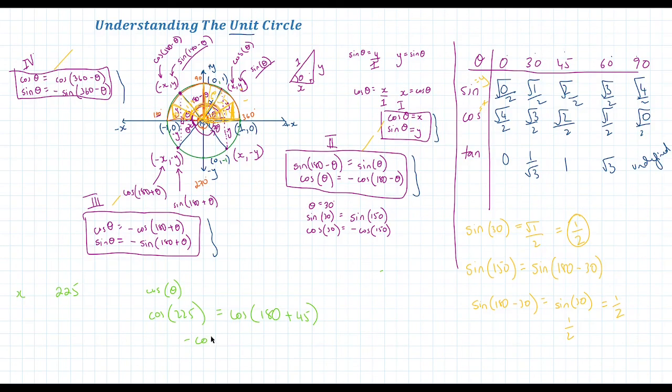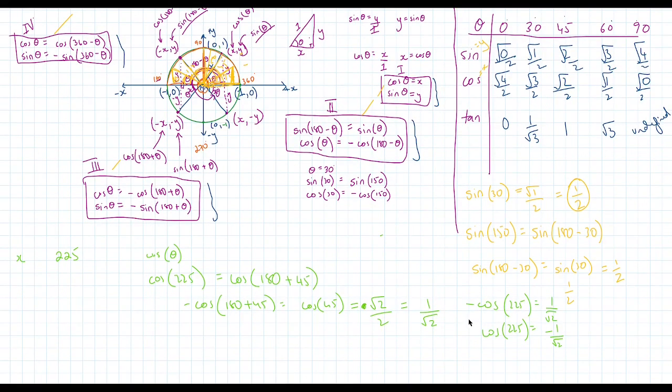So how does this relate to cos theta? Well, negative cos will equal cos 45. Now from this table, I know that cos 45 is root 2 on 2, which is the same as 1 over square root 2. But this is the negative of that, so cos of 225 will be negative 1 over root 2.